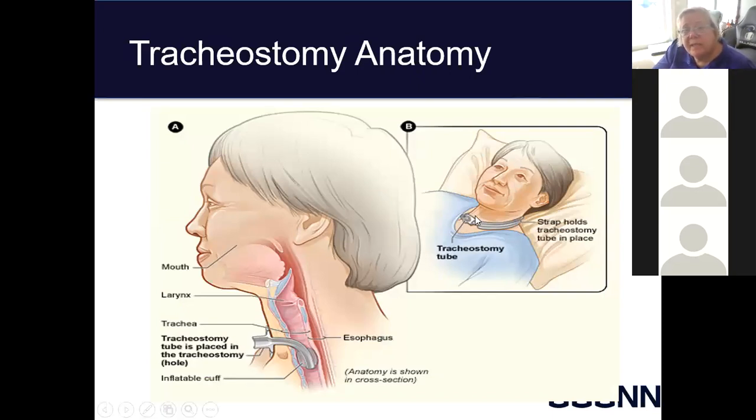So your trach again is a surgical stoma into the neck through the trachea. Again, we call these trach ties or strap to hold it into place. And again, this is a good way to visualize on the left-hand side. Here's the trach coming through the stoma and still has the same balloon or inflatable cuff, if you will.